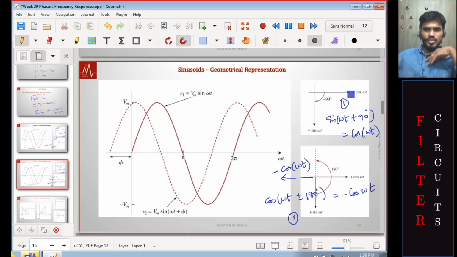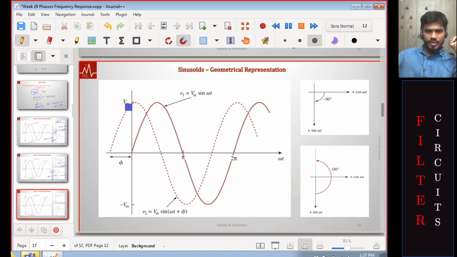And the reason to choose this as x-axis and the negative y-axis as sine omega t has to boil down to one reason. Okay, the curve that has zero phase, again let me refresh the page. The curve that actually has the peak here and kinda comes here, touches, and then goes right. Notice that function is a cos function.